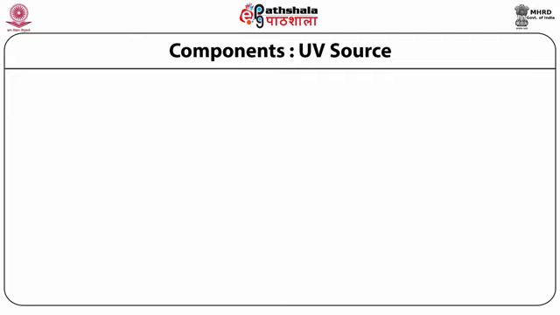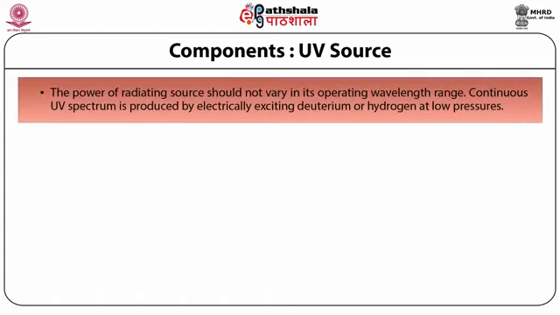Let us now discuss each component of the spectrophotometer one by one. First, we will discuss the UV source. The power of the radiating source should not vary in its operating wavelength range. So, continuous UV spectrum is produced by electrically exciting deuterium or hydrogen at low pressures.